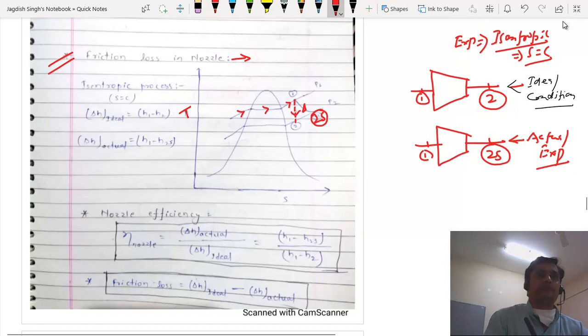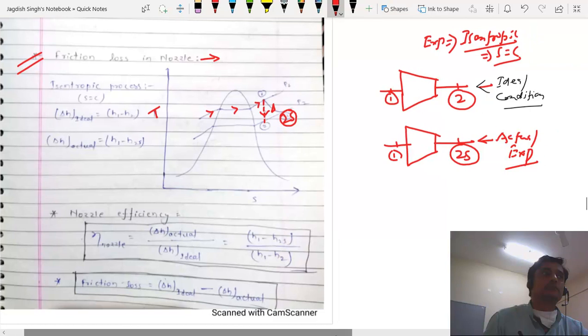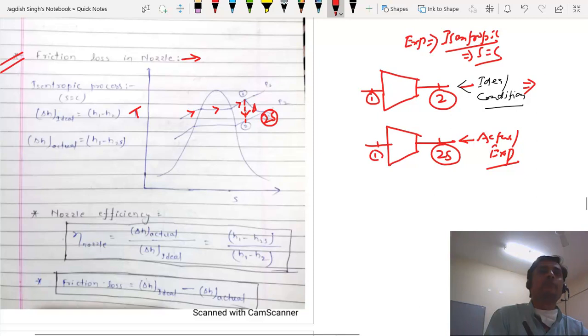In the case of ideal condition, how much is the enthalpy drop? It is H1 minus H2. This is del H ideal.